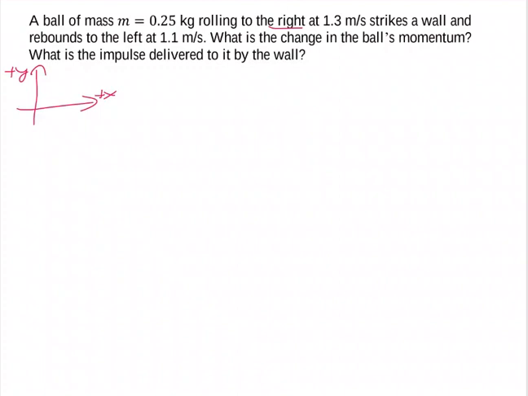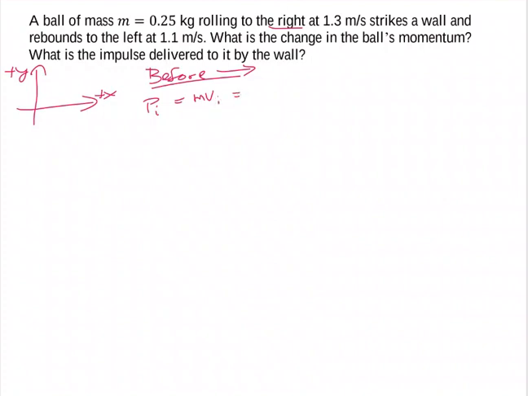So in the before, the ball is moving to the right. In my mind, I'm thinking, okay, before the ball is moving to the right, we have momentum initial. So P sub I equals mass times velocity initial, right? Okay.